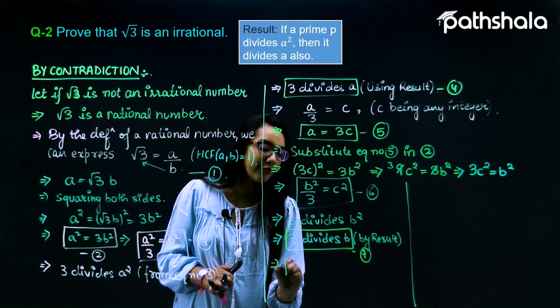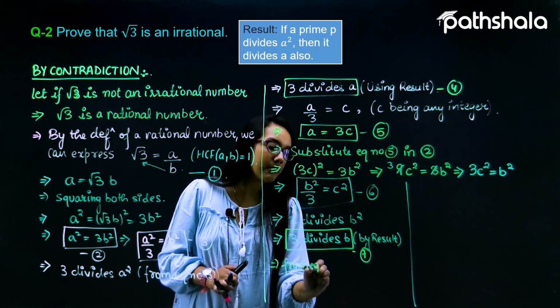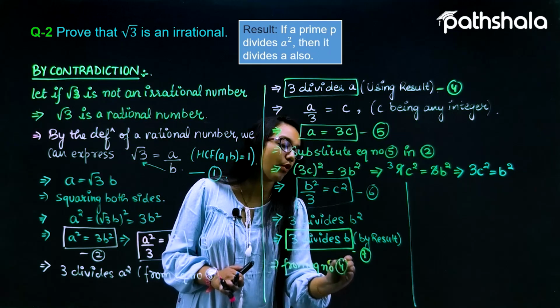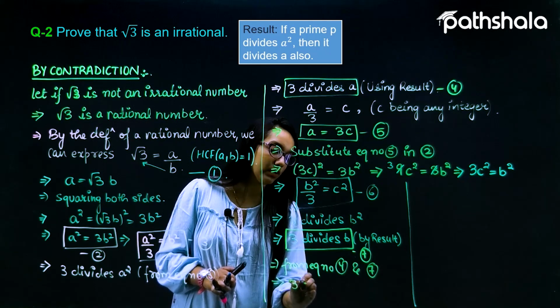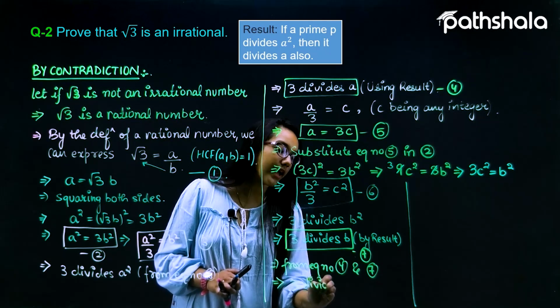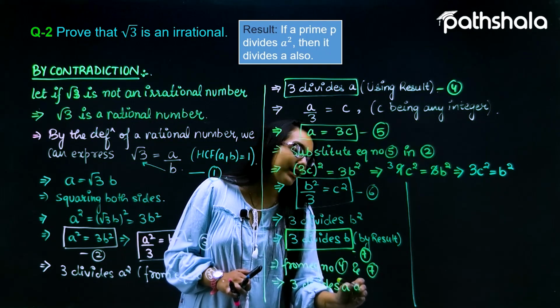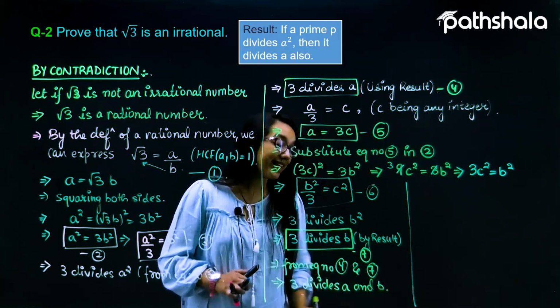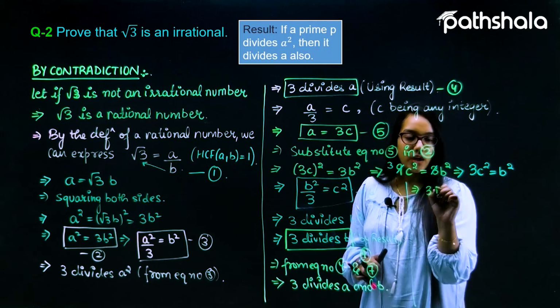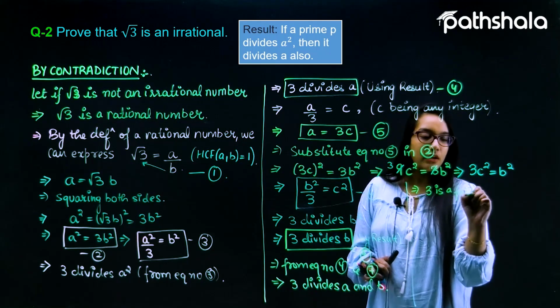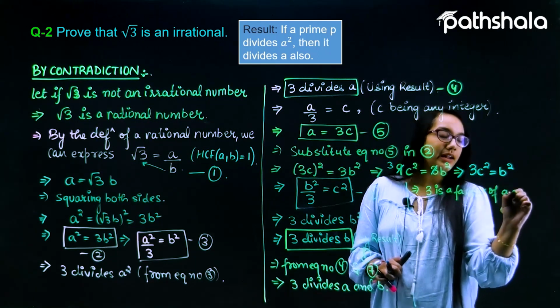Again, from equation number 4 and 7, what can we conclude? We can conclude that 3 divides a as well as b. So it means that 3 is a factor of a and b.